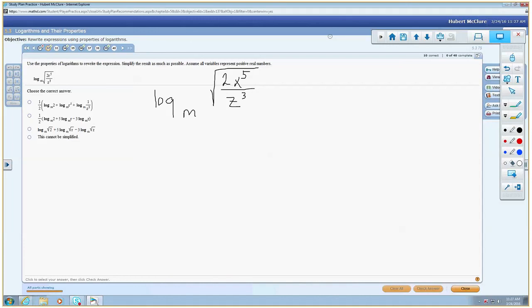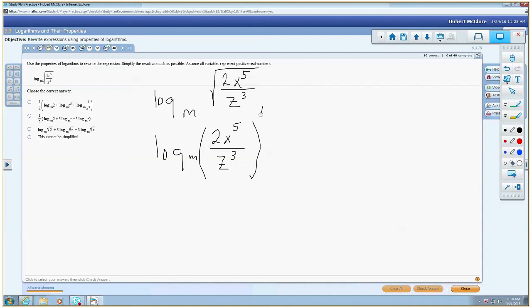So I'm going to rewrite this before I even start. I'm going to get rid of that radical. So that'd be log base M of 2x to the fifth power over z to the third raised to the what?